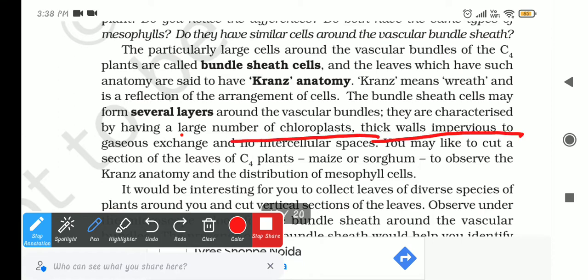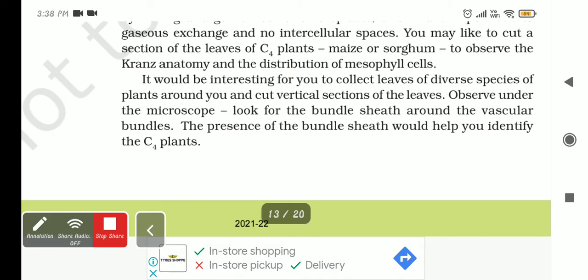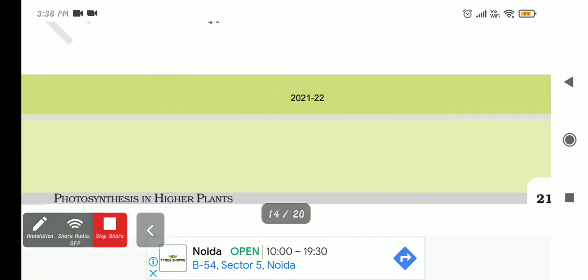They have thick walls which are impervious, which means they resist the gaseous exchange, and they have no intercellular spaces. You can cut maize and sorghum to understand what kind of Kranz anatomy they have.